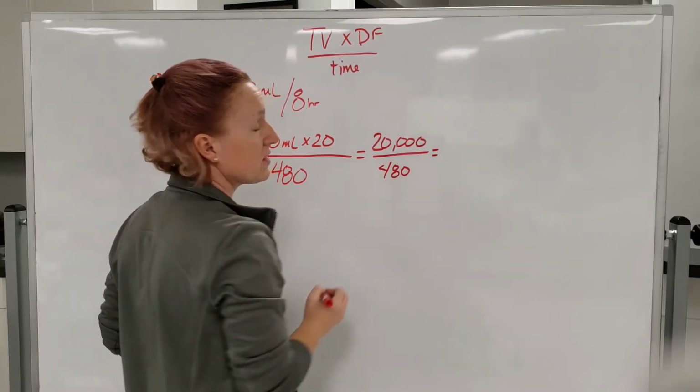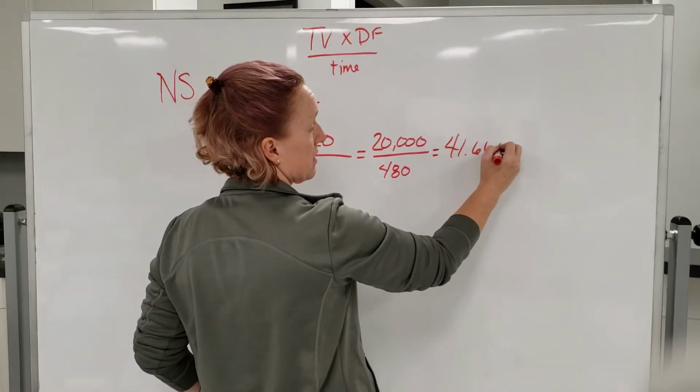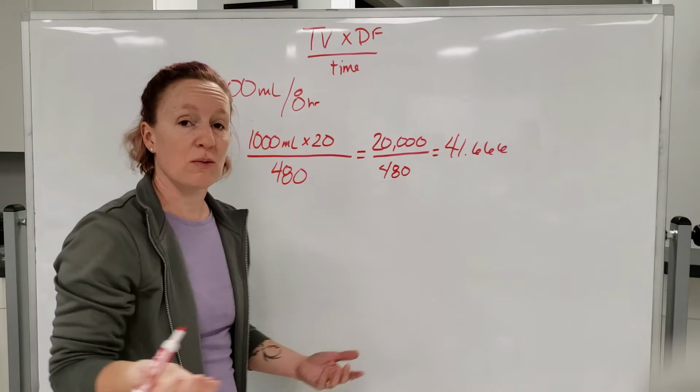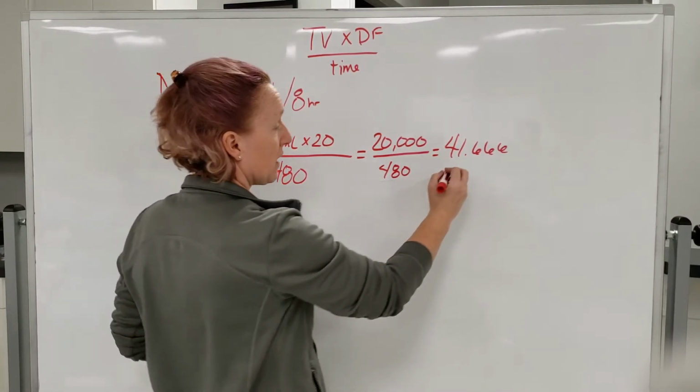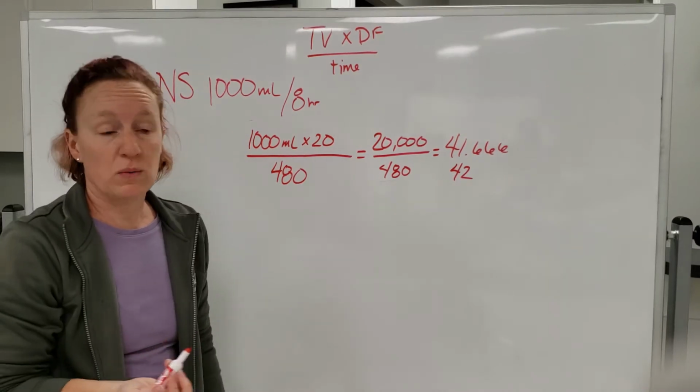When you calculate that all down, it's 41.66666, lots of sixes. You can't give a partial drip, so you have to think about that. You're going to round. You're going to give 42 drips per minute. That's one way to figure this one out.